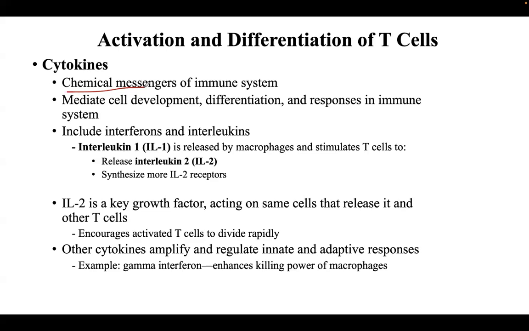It encourages the activated T cell to divide more rapidly. So the function of these cytokines is basically to make the job of T cells more efficient. By how? By doing things like producing interleukin 2, which helps the T cell divide more rapidly when needed. There are other cytokines too, which can regulate other kinds of responses.